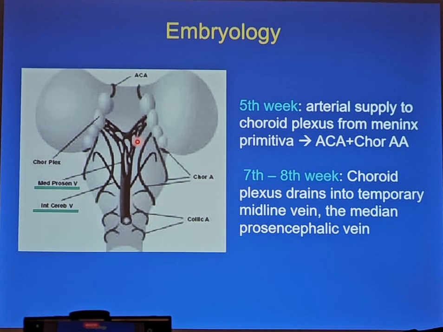The initial choroidal system drains into the median prosencephalic vein, and that includes the drainage of the intracerebral veins in that location. So at the 7th or 8th week, the choroid plexus drains into what will turn out to be a temporary midline vein, the median vein of the prosencephalon.